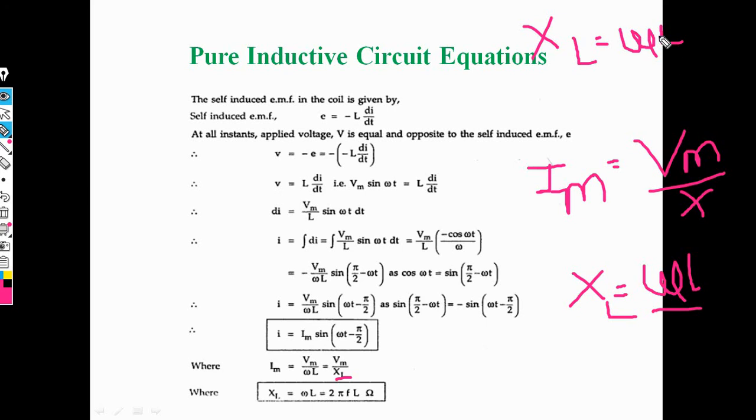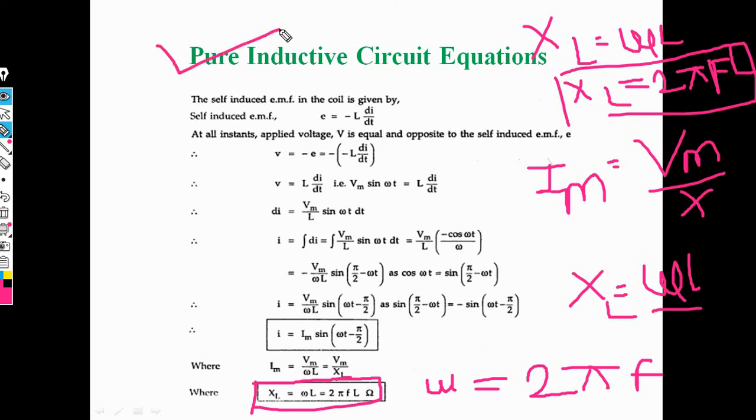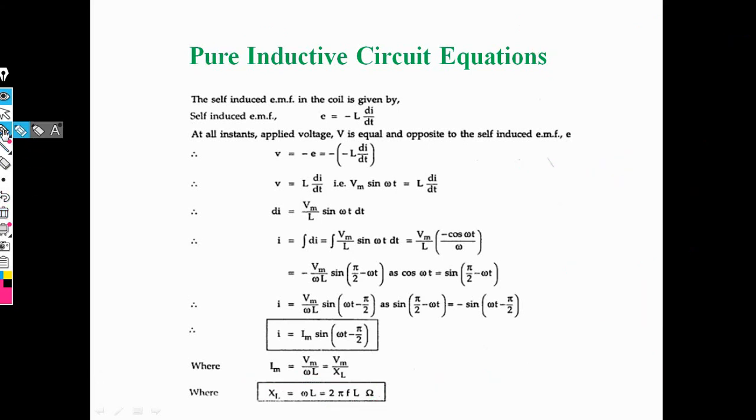The formula for omega is 2 pi f. So XL is equal to omega L, where omega is 2 pi f. In this pure inductive circuit, first we have to use the self-induced EMF, which is opposite to the applied voltage.